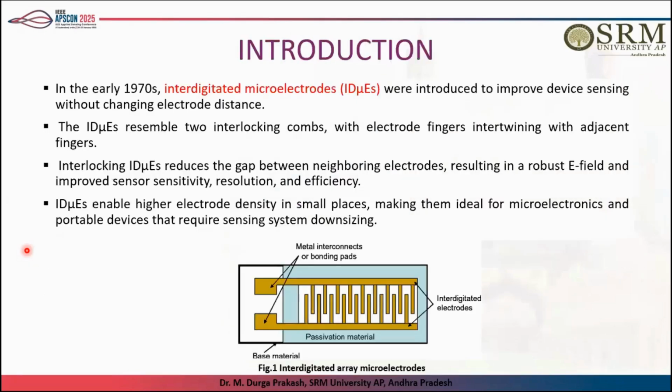Let me explain the interdigitated microelectrodes: what the structure of the electrodes is and what design parameters we need to consider. The electrode distance is one of the important design parameters in interdigitated microelectrodes, improving device performance and sensing. These are interlocking electrodes with a gap between neighboring electrodes.